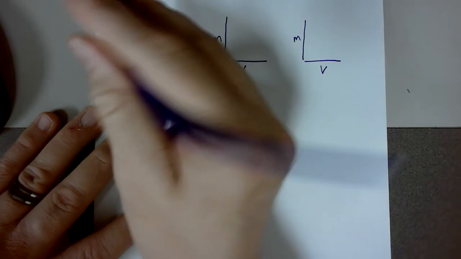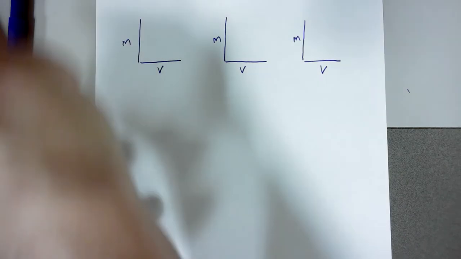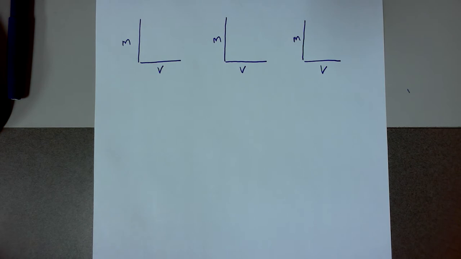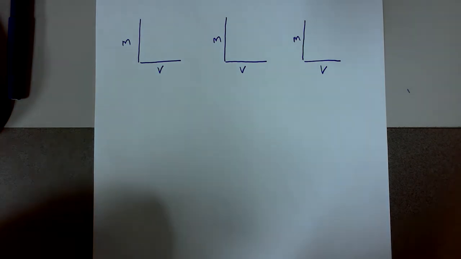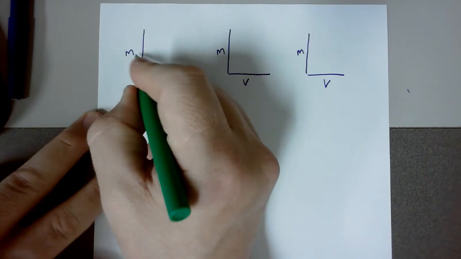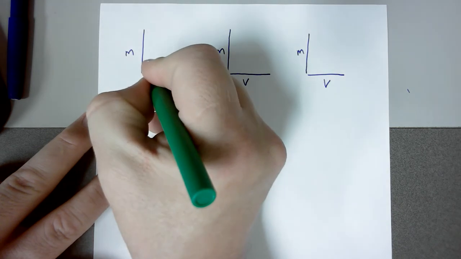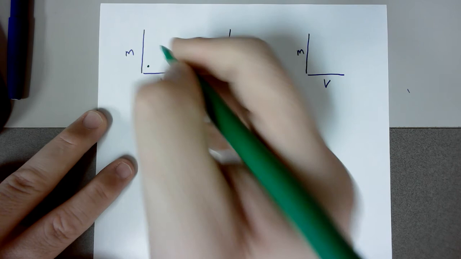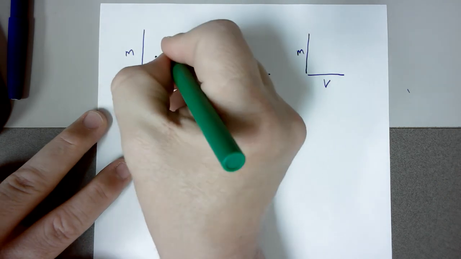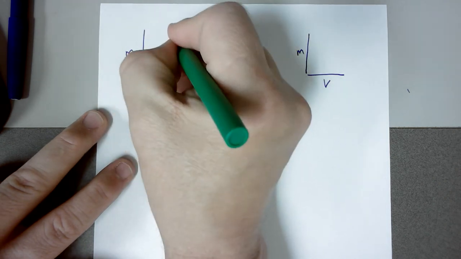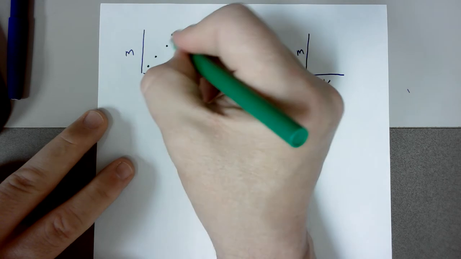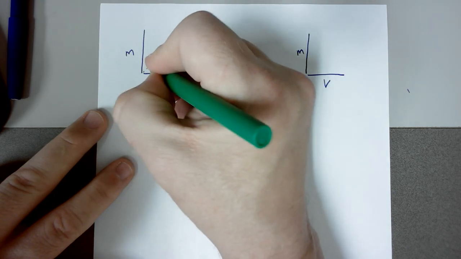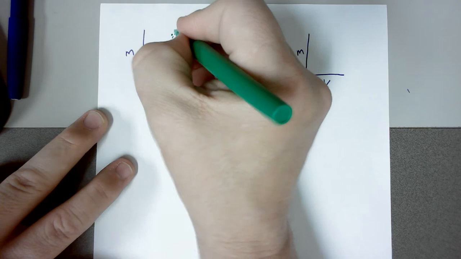Now let's say the true value, let's make it green. If I took a mass and a volume, and the first mass and volume I took was here, and then I took another mass and volume and it's here, and then here, and then here. So we notice that the true value is here. This is the true value.